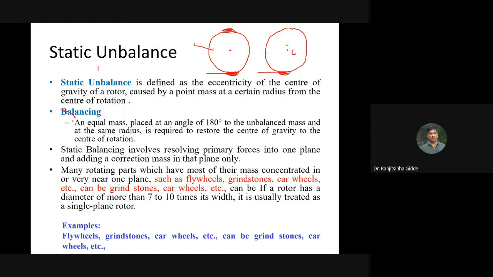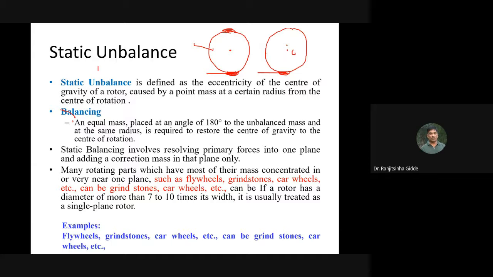So static balancing involves resolving primary forces into one plane. That is again a graphical method that we are going to check, but our aim is to get something regarding the MCQ.